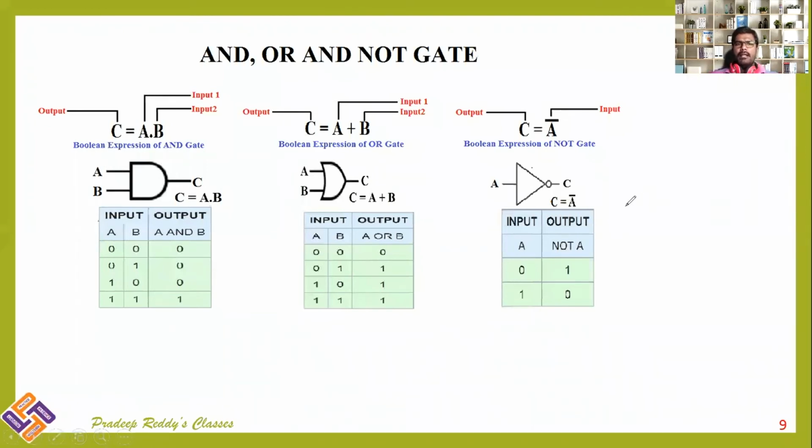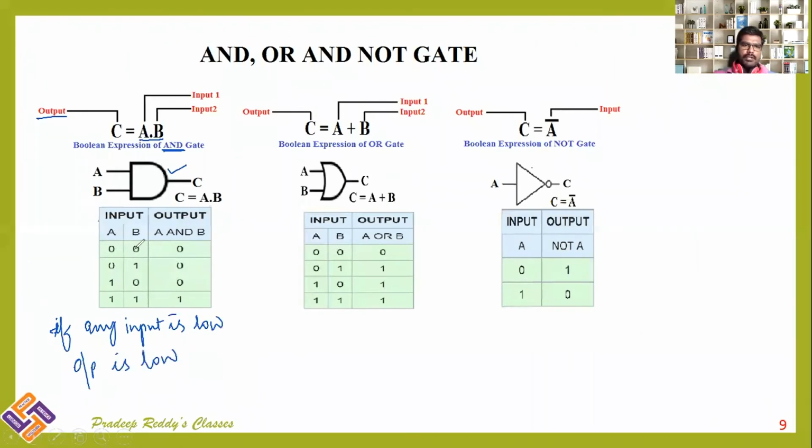See, you can compare AND gate, OR gate, and NOT gate like this. Input you are providing and the output is A dot B. Dot represents AND. The symbol of AND gate is this, and the logic is that if any one of the inputs is low, the output is low.